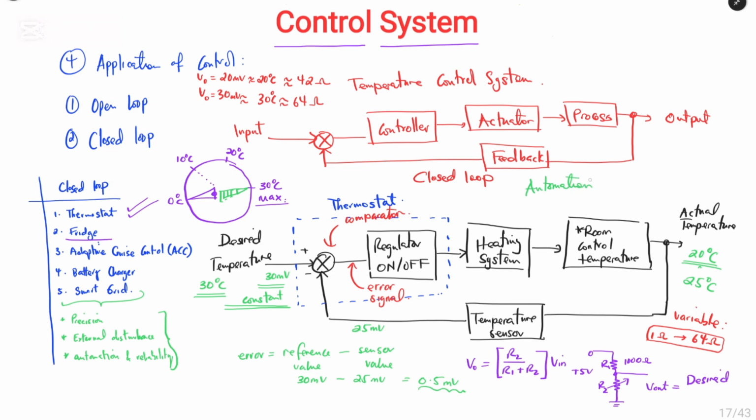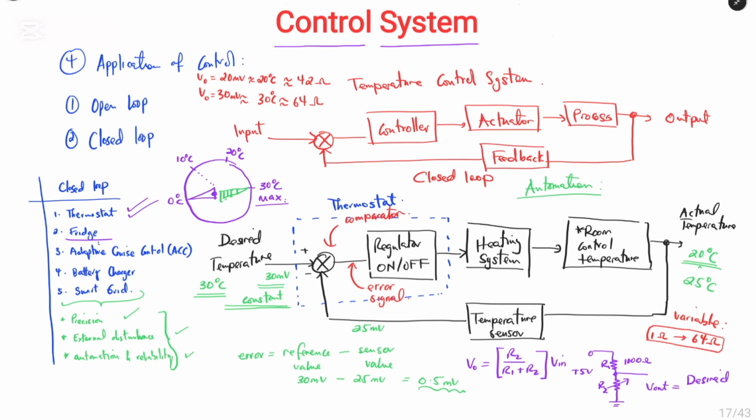So the underlying of this system, we can see that it performs some automation. We don't need someone to measure the temperature every now and then to turn on and off the heating element. So from this idea, we can see that automation comes into play, and we can see that precision is also required, and external disturbance and the reliability of a system.